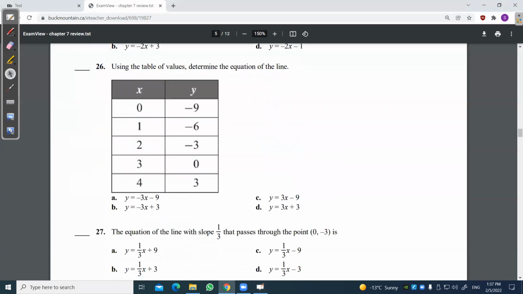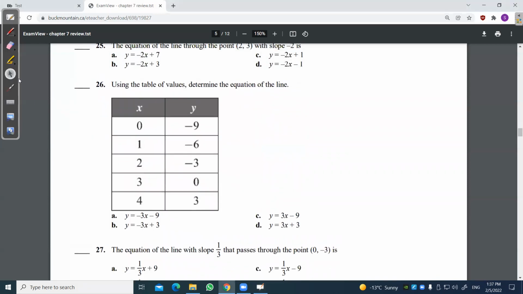26. Now they've given us a table of values. And we want to find the equation.